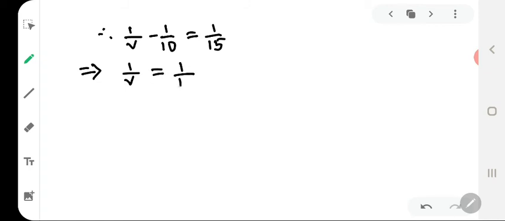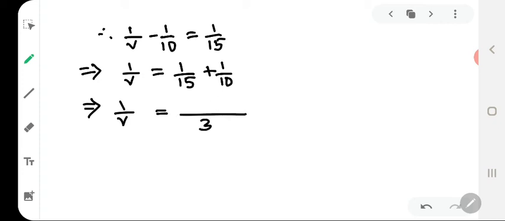Therefore, 1 by v minus 1 by 10 is equal to 1 by 15. 1 by v is equal to 1 by 15 plus 1 by 10. Again, LCM of 15 and 10 is going to be 30.